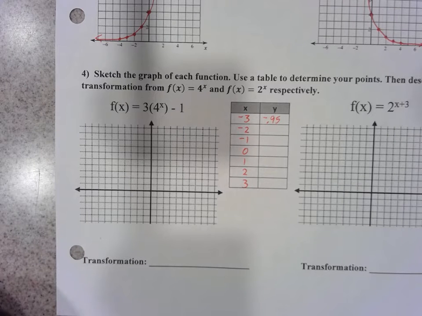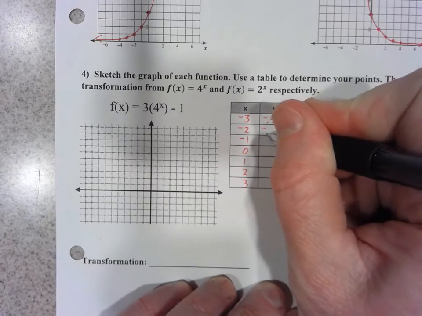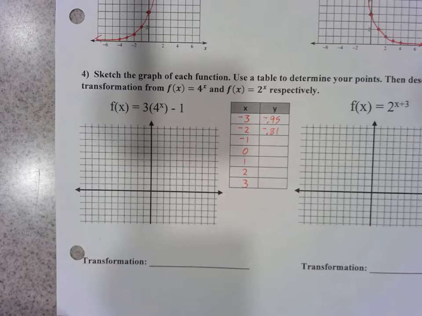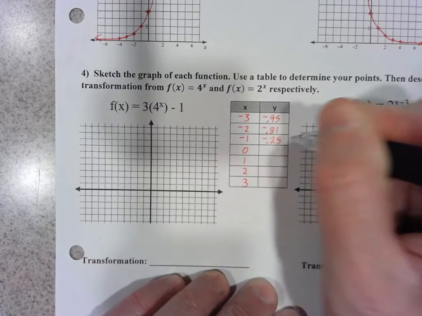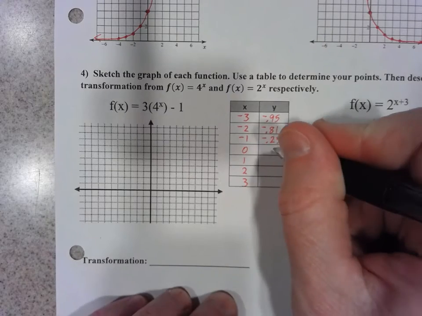Then I'm going to plug in -2 and get -0.8125. Put in -1 to get -0.25. Then we put in 0, 2.